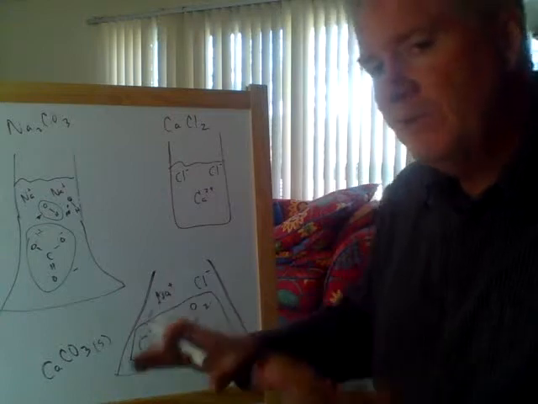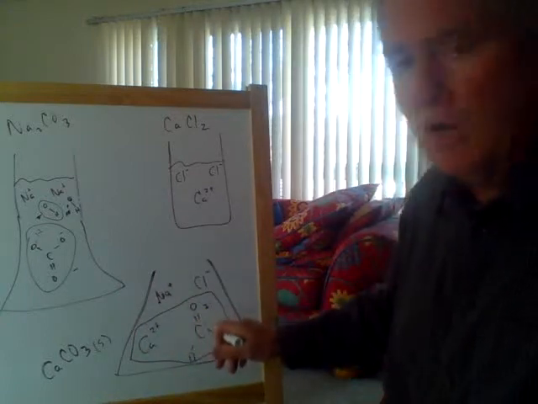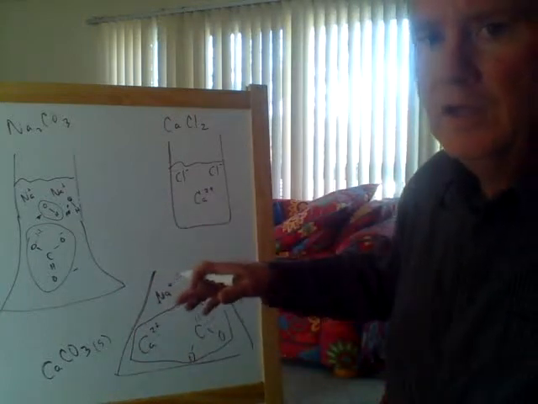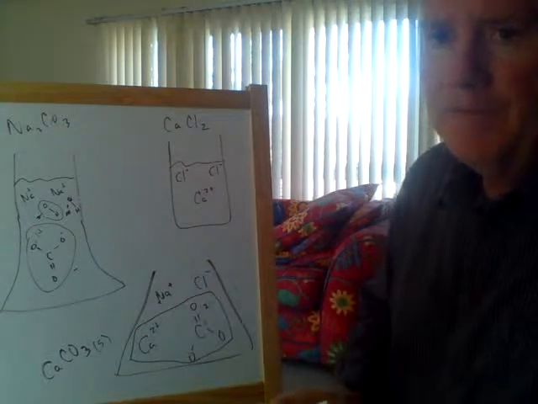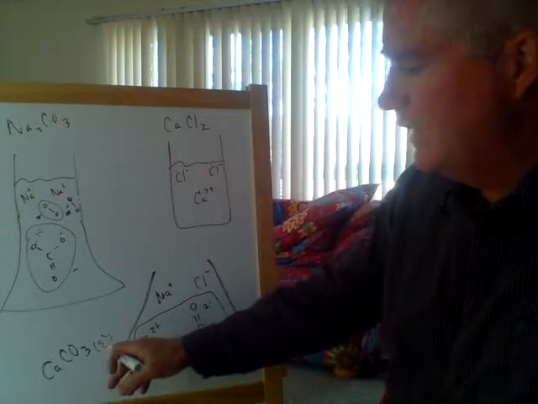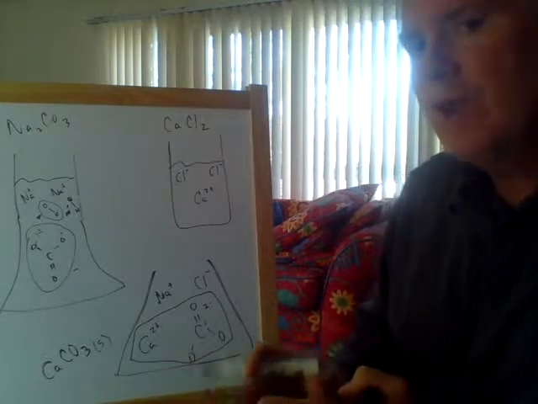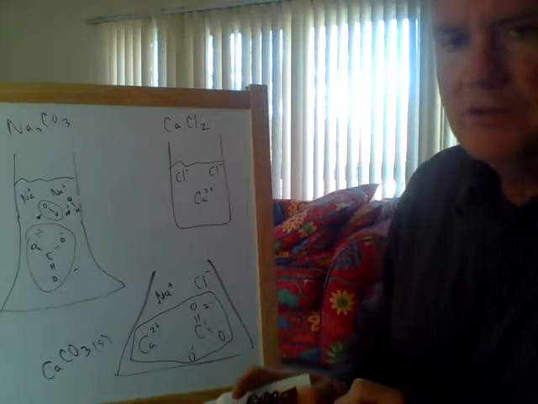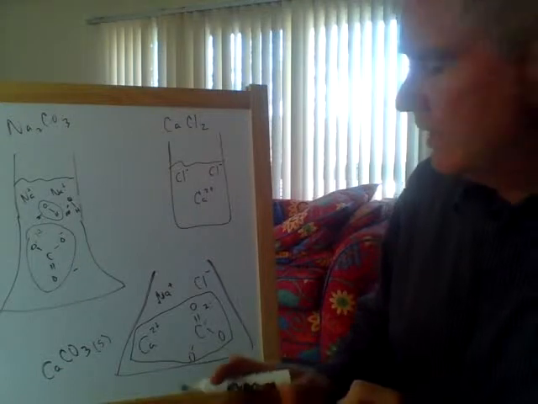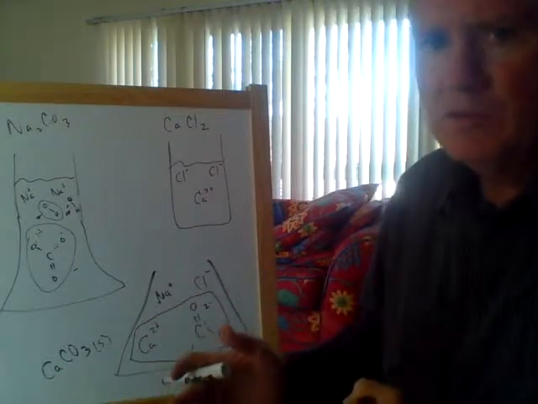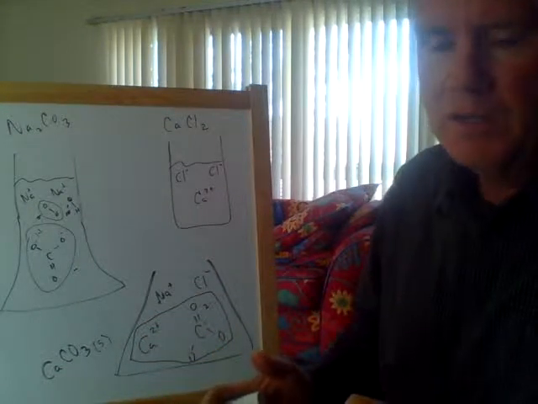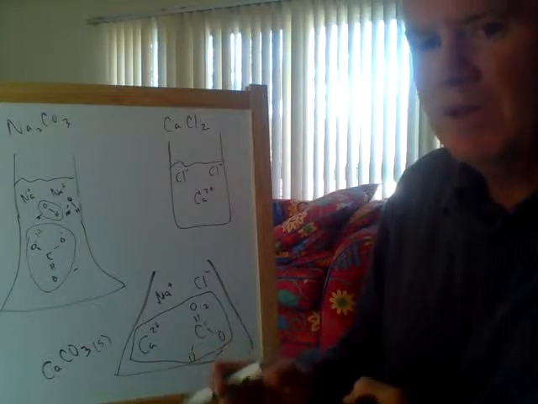There still will be some calcium and some carbonate floating around in solution, because calcium carbonate is somewhat soluble. Soluble meaning it dissolves a little bit when put in water. It just doesn't dissolve very much. So it's considered an insoluble salt with respect to water, even though it dissolves a little bit.